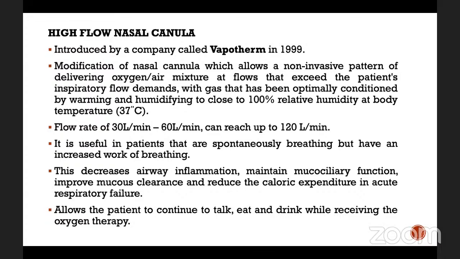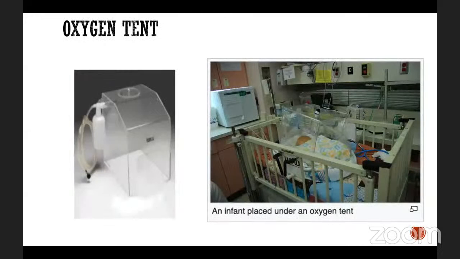Now, the flow rate goes from 30 liters to 60 liters per minute. We can even go as high as 120 liters per minute. It is useful for those patients who are breathing spontaneously. High flow nasal cannula also allows patients to continue to talk or even possibly eat or drink while receiving such therapy.